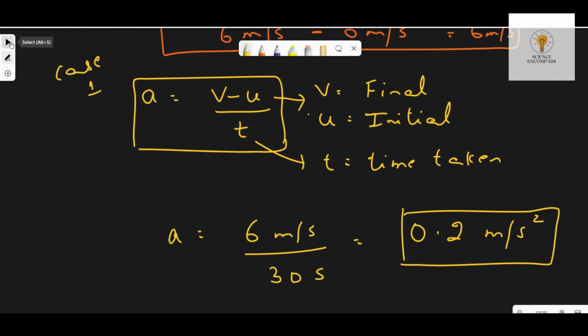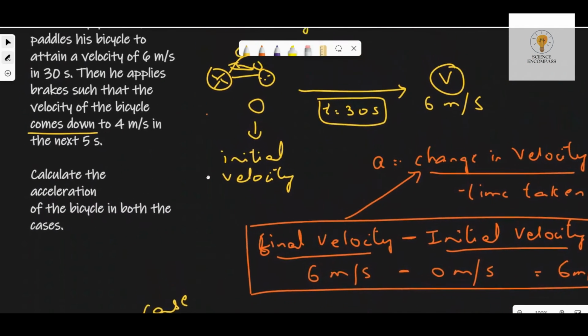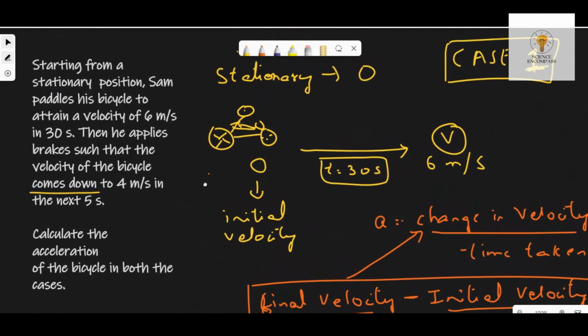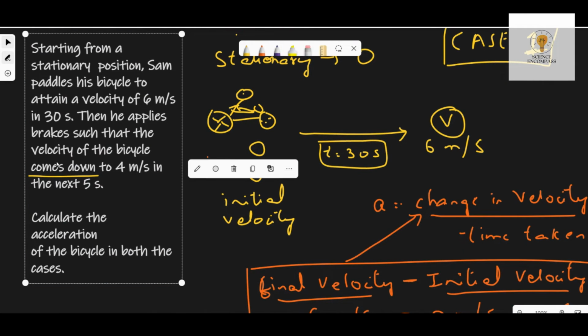Now let's go back to case number 2. For case number 2, he applies the brakes such that the velocity of the bicycle comes down. It was accelerating, and now he's applying the brakes such that the velocity of the bicycle is coming down.